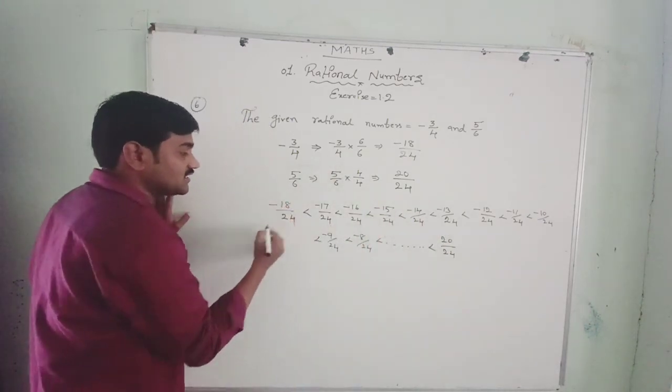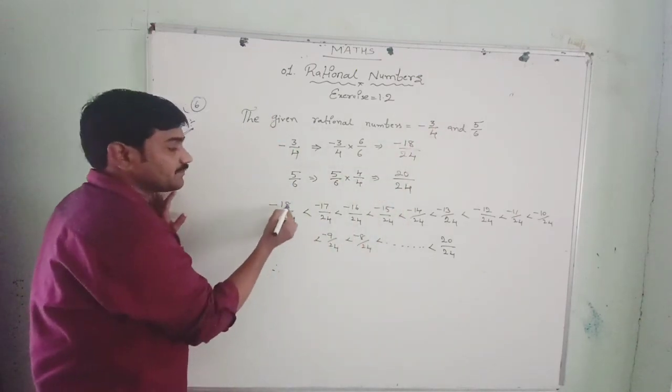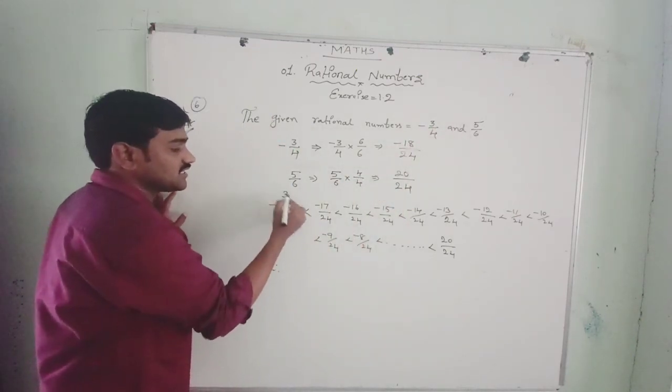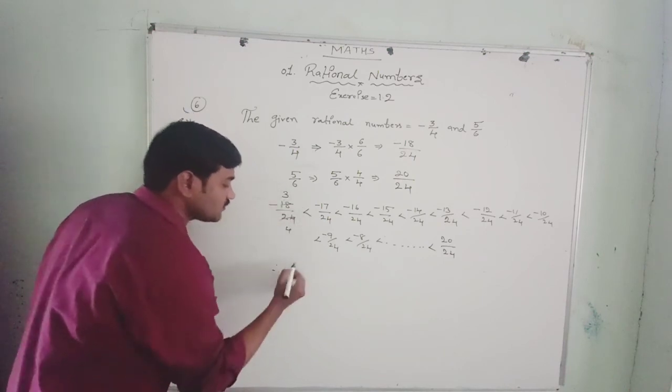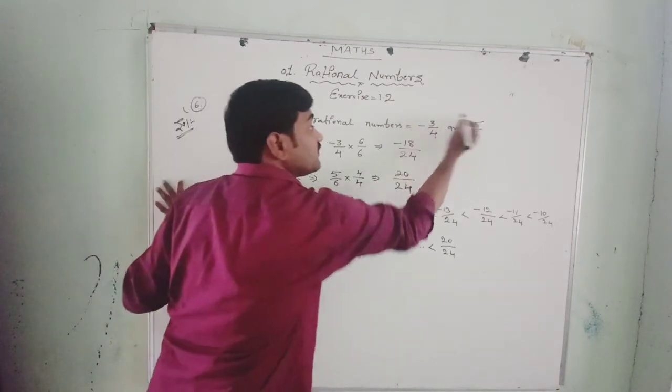Now when you cancel this, actually we have to write the rational numbers between these two, no? When you cancel this, here 6 3s are 18, 6 4s are 24, we cancel only the first one because we have to write the given question. Between these we have to write.